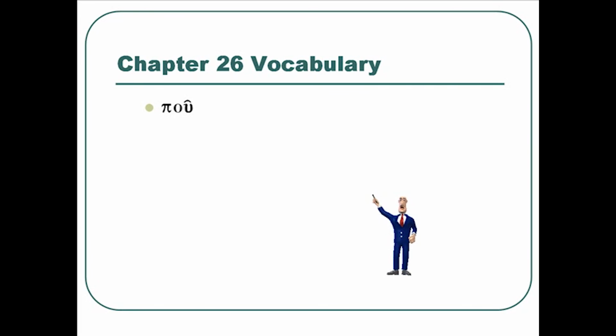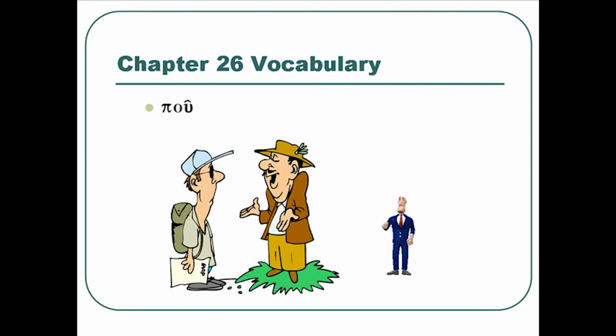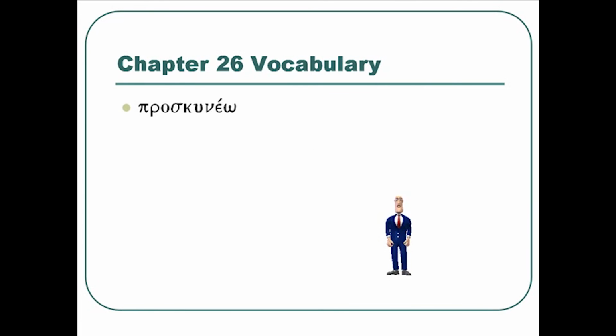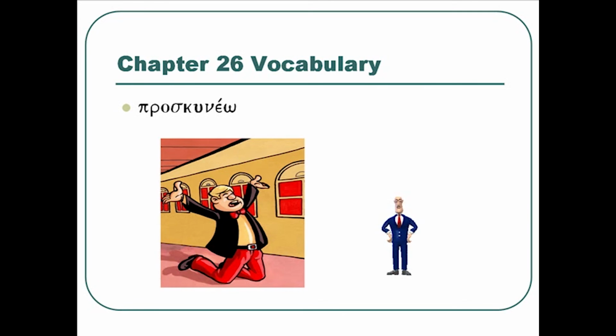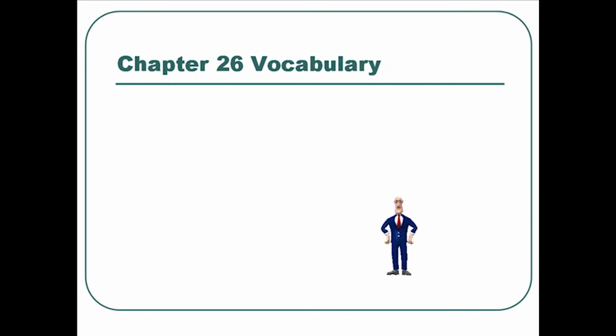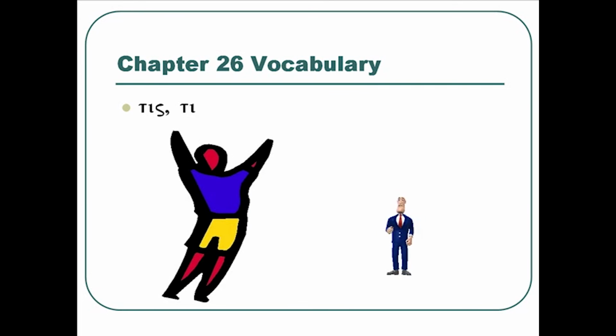The sixth word is pou, and it means where. The seventh word is proskuneo, and it means I worship. The eighth word is tis, ti, and it means someone or something.